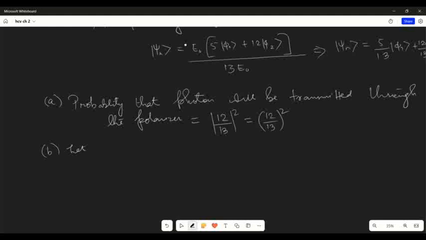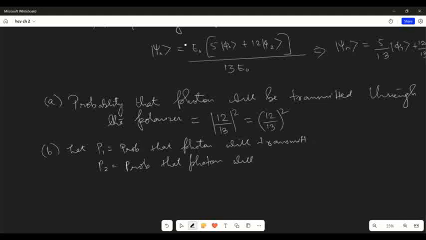Let's suppose P1 is the probability that the photon will transmit, and P2 is the probability that the photon will get blocked.